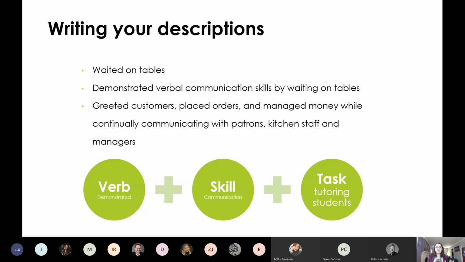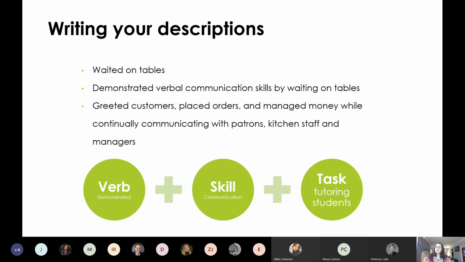It's a very basic starting point. It doesn't go in depth, it doesn't tell me more, but it's not wrong, it's not false, it's not hurting me, but it's probably not helping me unless I am applying for a job waiting on tables. It's a C, average bullet.